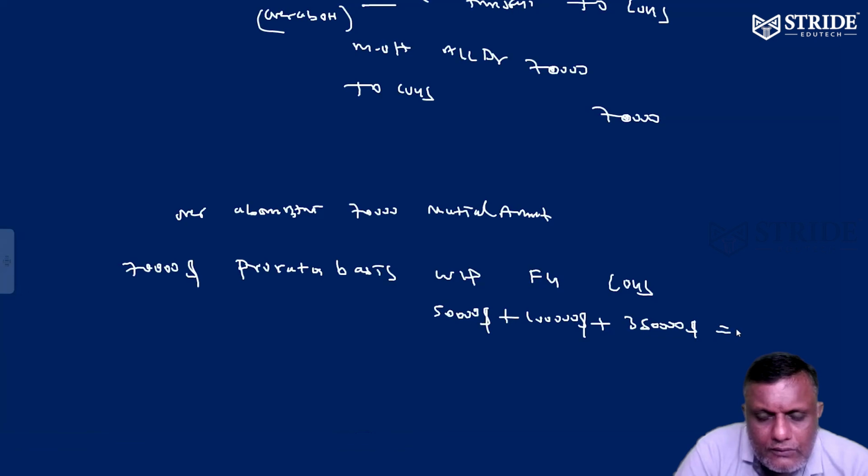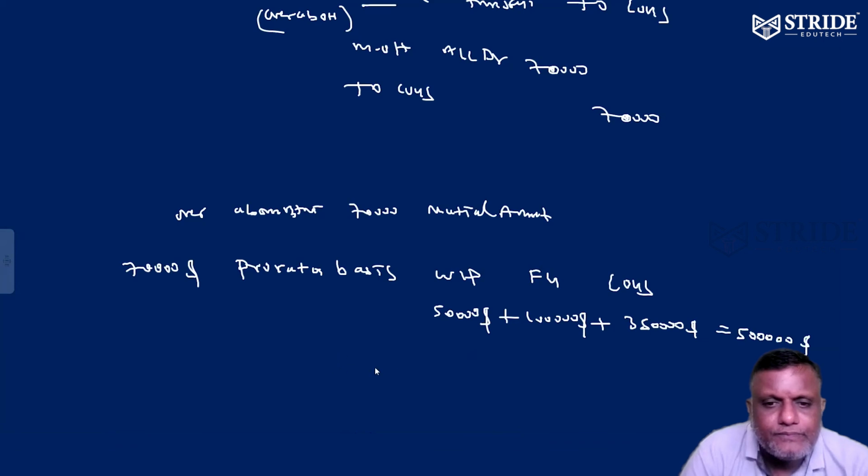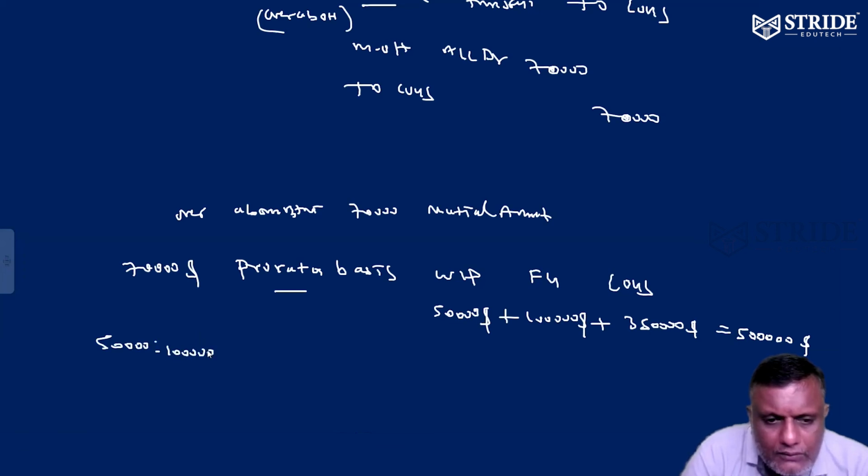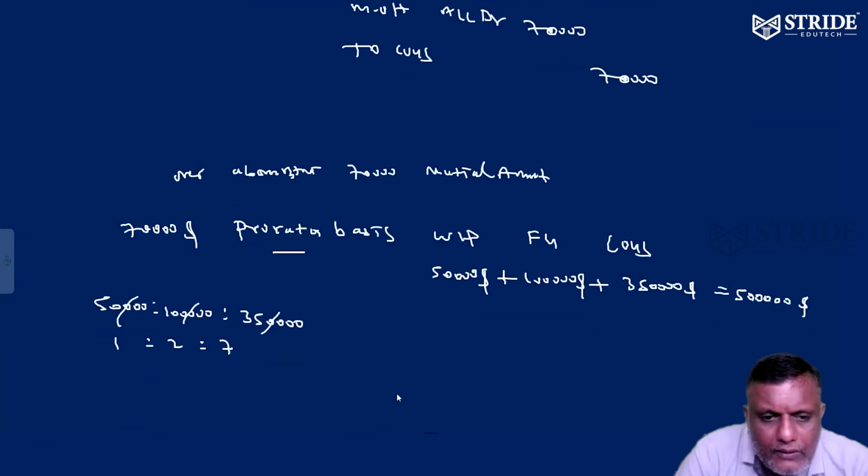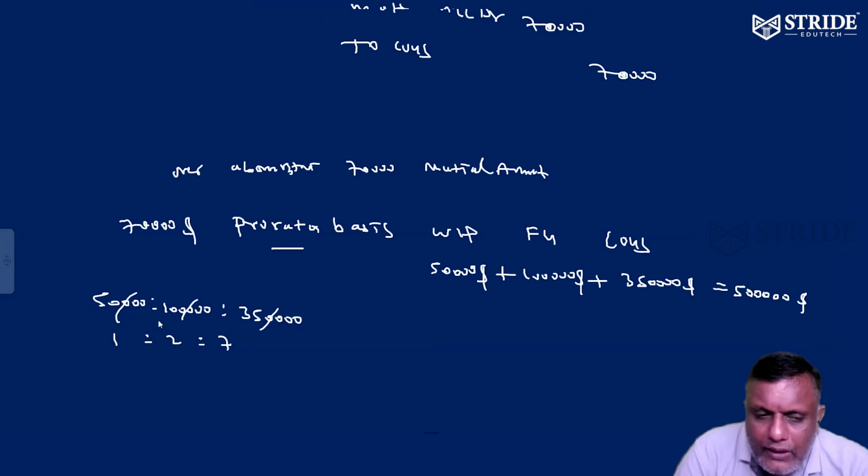The total is $500,000. So the pro rata ratio is 50,000, 100,000, 350,000, that is 1 time, 2 times, 7 times, a ratio of 1:2:7. Either you can use the ratio or the percentage, or fractions of the total.